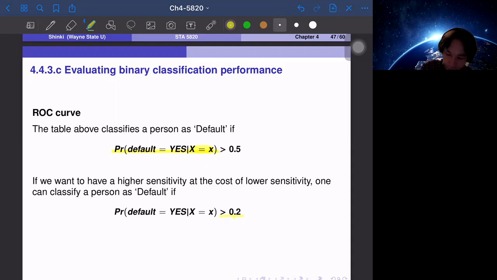So we want to set a lower threshold, such as 20%, and we have a different decision boundary. Suppose x is the balance of a person, and to predict default status, even a lower balance gets a slightly higher default probability, so we can predict that person will be in default.